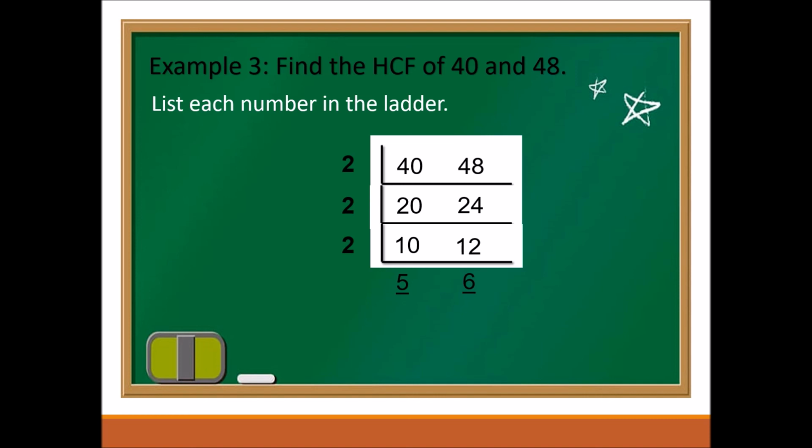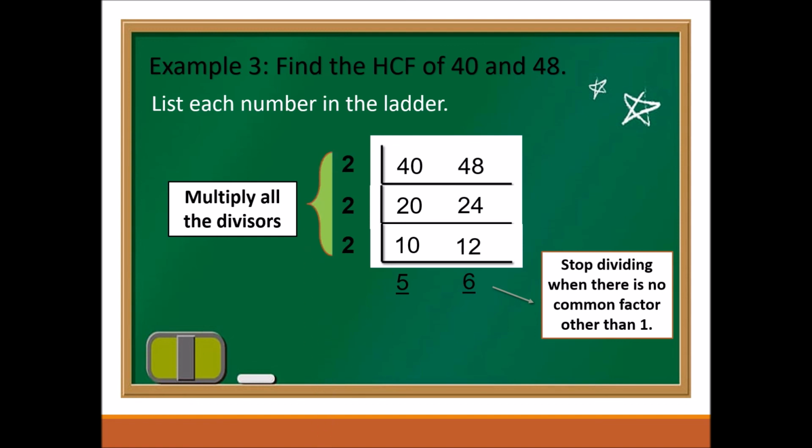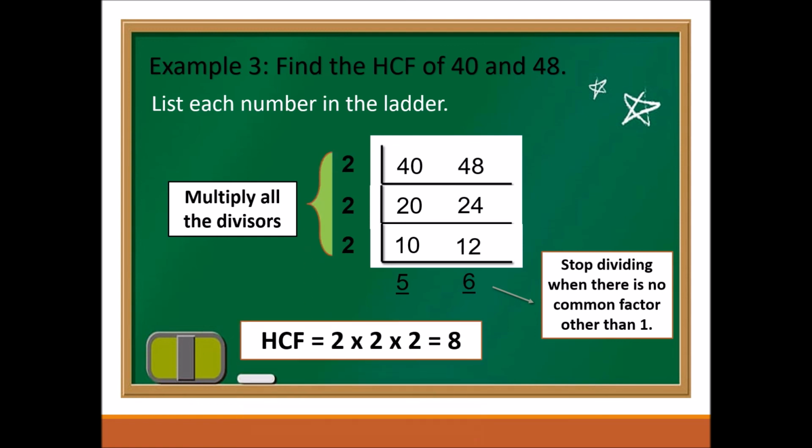Now, in 5 and 6, is there any common factor other than 1 to use in dividing them? No, we don't have, so we are going to stop dividing them. So we are going to multiply all the divisors to find the highest common factor.